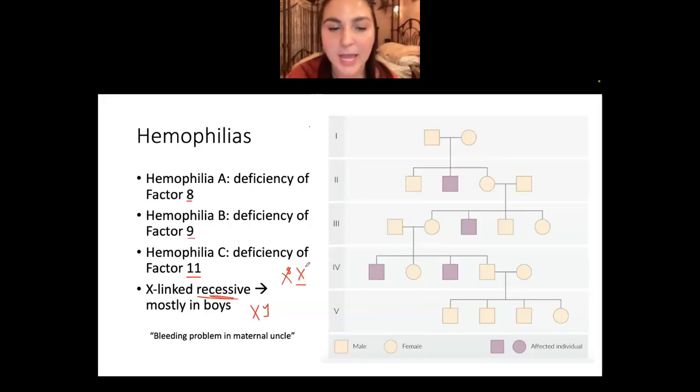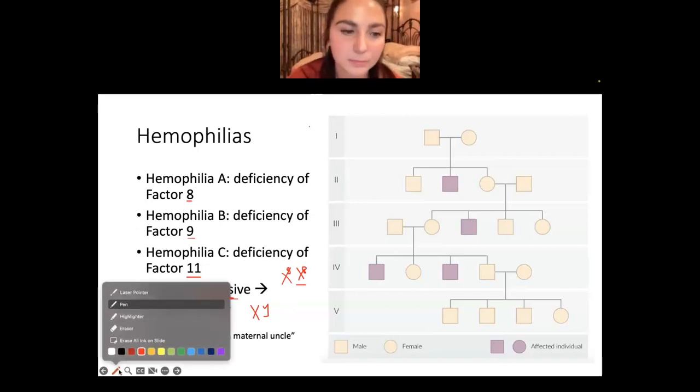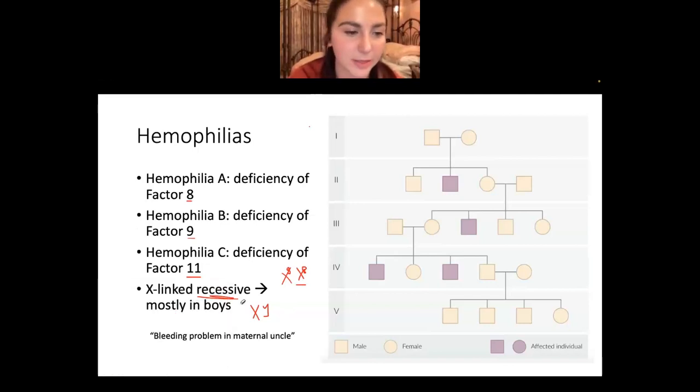This would have to be like dad has hemophilia A, so he gives you one of the X chromosomes, and then mom was carrying the gene for hemophilia. That's so rare, and then she gave you one of the 2. This is very rare. I don't think they would ever trick you and do this on boards. It's just not common. You just won't see it in life. So I don't think they would do that.